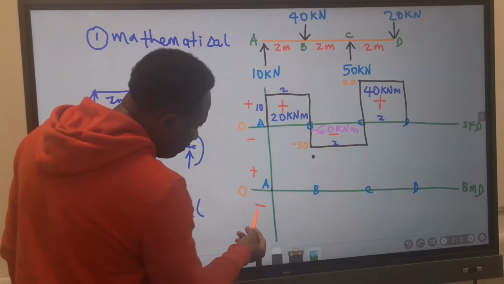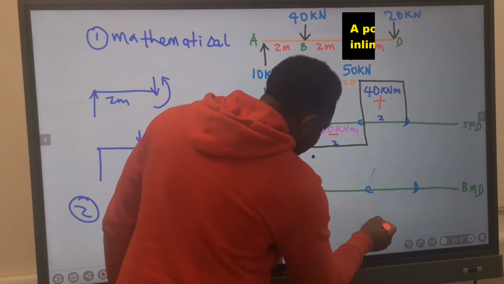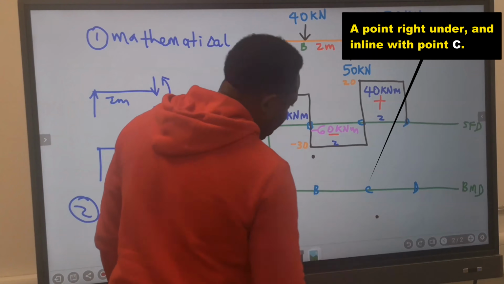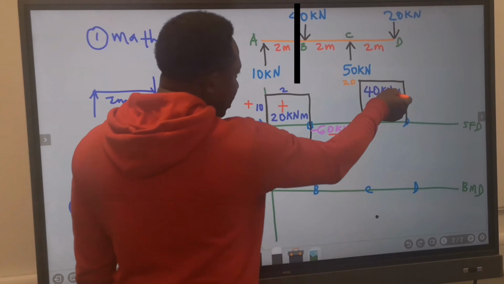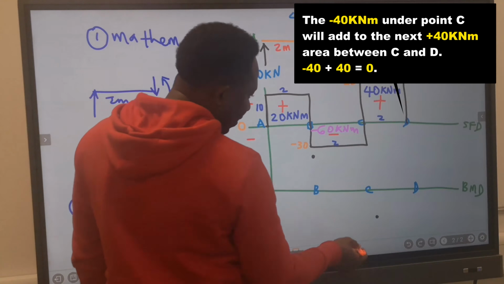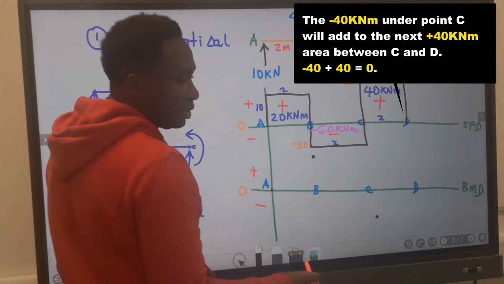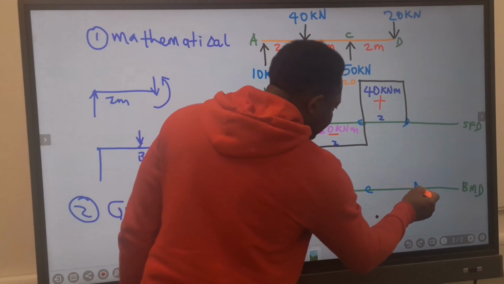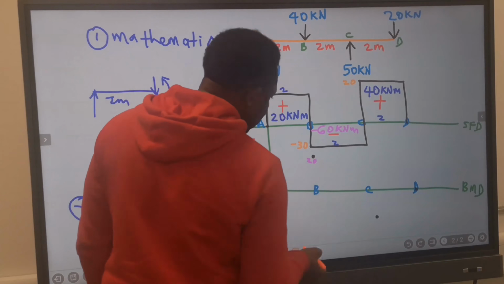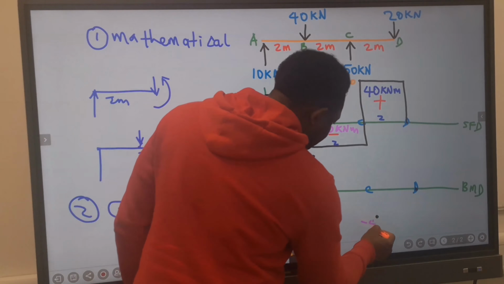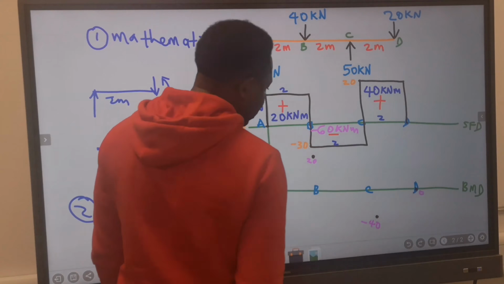Look at the negative part. Hence, I will come down to look for 40 and it's going to be a minus. Next, minus 40 we add to the next one. However, this is minus 40 and this is plus 40 and we are going to end up with 0. Remember, our value here is 20, our value here is minus 40 and our value here is 0.